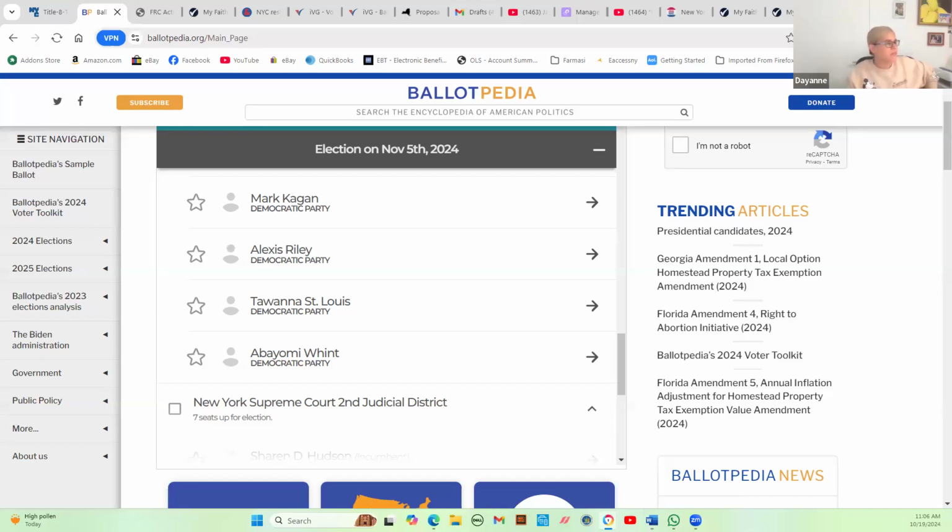We got to look at that. A yes vote puts these protections in New York State Constitution. A no vote leaves these protections out of the state constitution. Okay, and then if you keep scrolling down, you're going to see who is for it and who is against it. Okay, and it's going to tell you who's really spearheading all of this. Okay, so sometimes we miss these things.